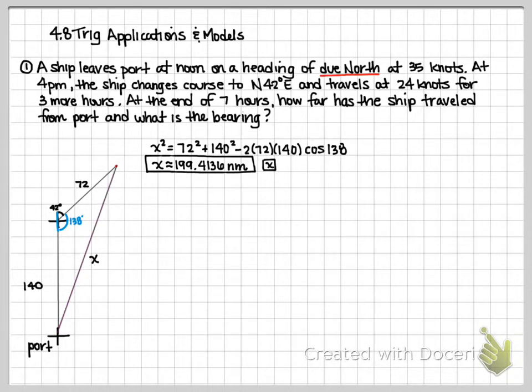So starting from either due north or due south to get to that line, and it has to be an acute path. So if I take a look back at my port, the only way from due north or due south that's going to be acute is right there. So I'm going to call that theta. That's what I'm looking for.